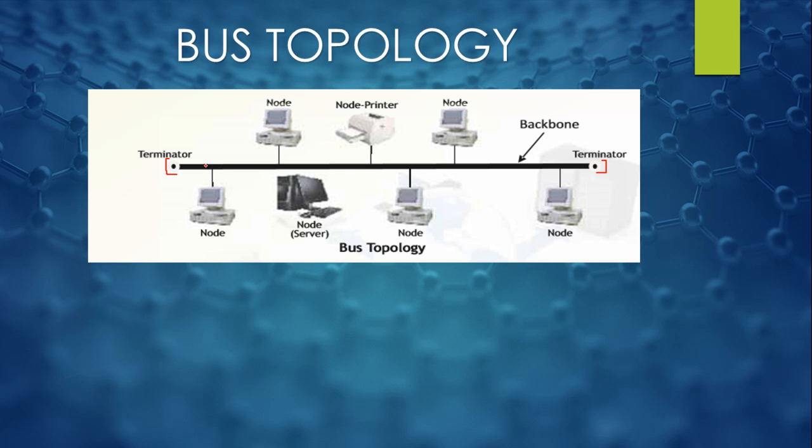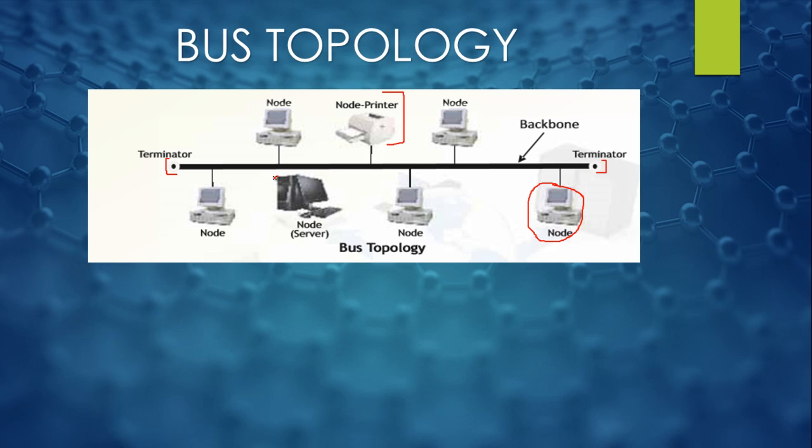What is the basic purpose of the terminator? I will explain later in this slide. Now just see over here. This is a single cable, and you can see that every computer, as well as this printer, is connected to it.